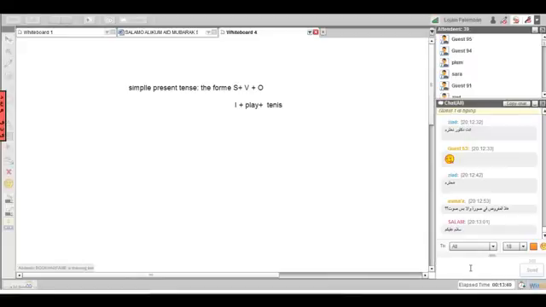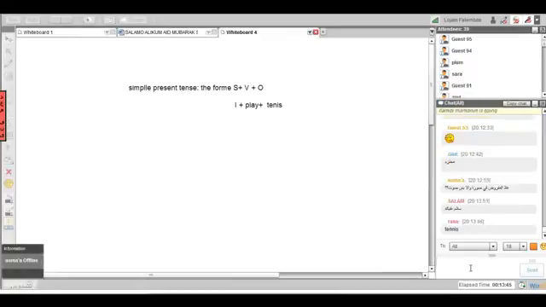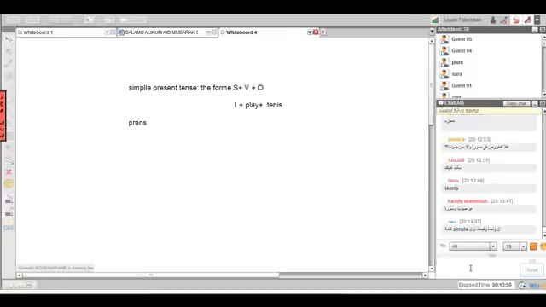The form is subject plus verb plus objects.